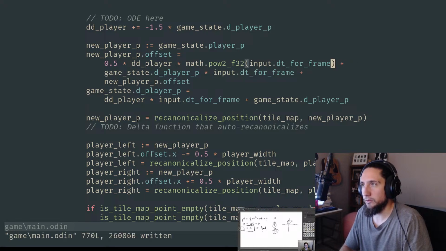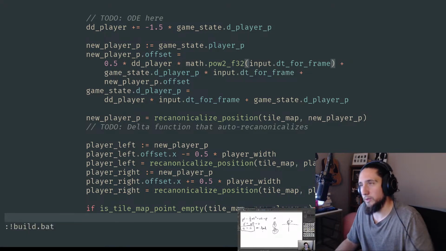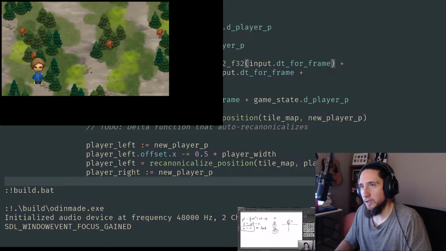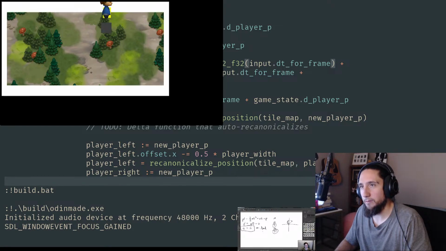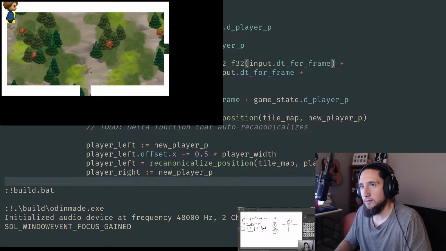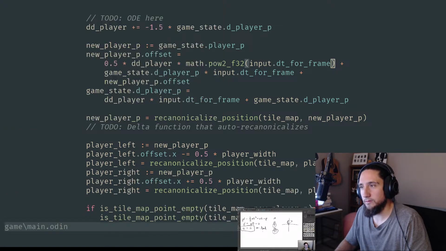Right? My intuition is that those things would be equivalent, but it doesn't look like they are. Because we're doing something insane here. We're just shooting out of the map and back in, and it's crazy town.